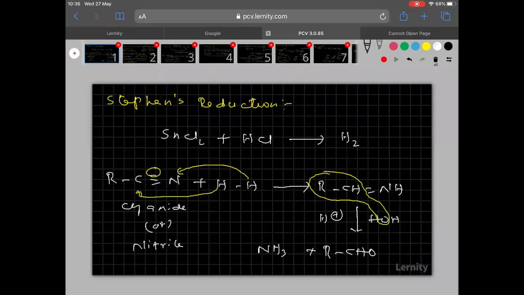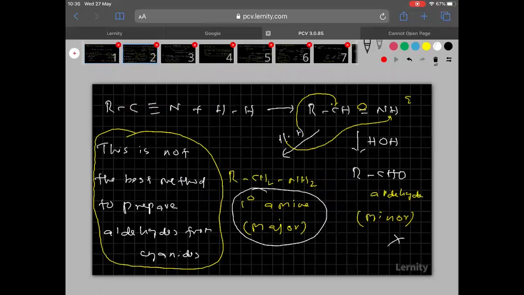This is the first slide. Is it clear? Second slide. Next, third slide.